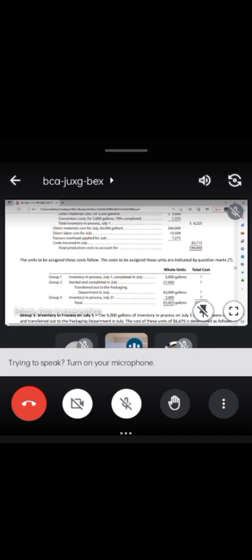Everything processed in the mixing department for July. Okay? Total units accounted for. Now, when you say cost, that is the total production cost to account for.